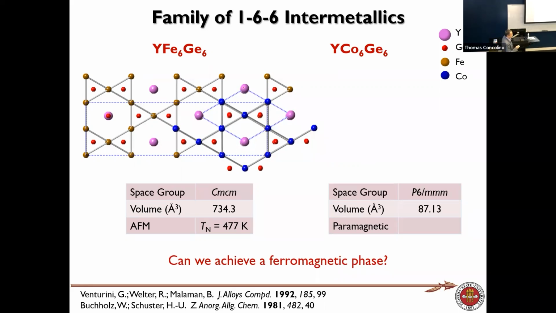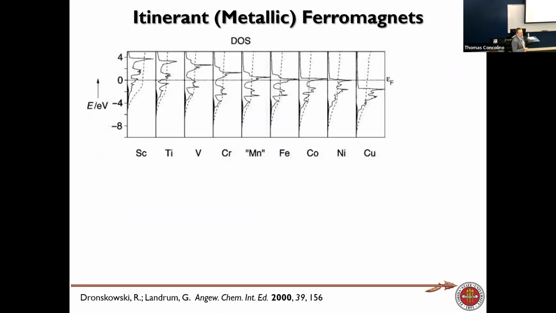So the reason we think we can do that is because if you just look at the very simple idea of ferromagnetic metals as elemental 3d metals, right? We start with scandium, so we have the Fermi level quite below with respect to this high density of states. But when we get to chromium, we're approaching this large peak in the DOS, and we start seeing antiferromagnetic ordering.